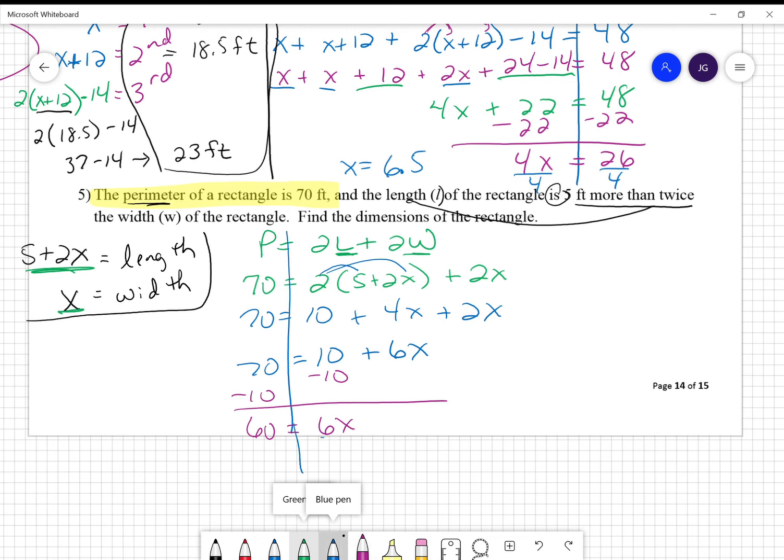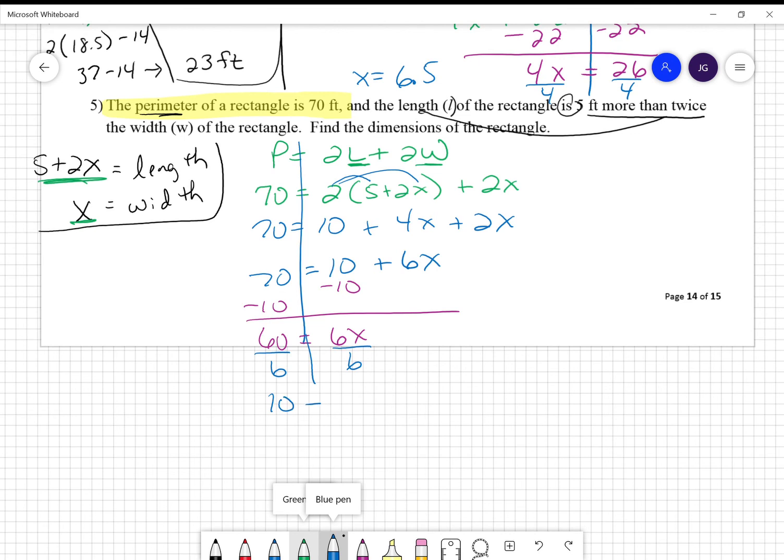Last step, divide by 6. X is 10. Well, X is width. 10 feet wide. 5 plus 2 times 10, 25 feet long.